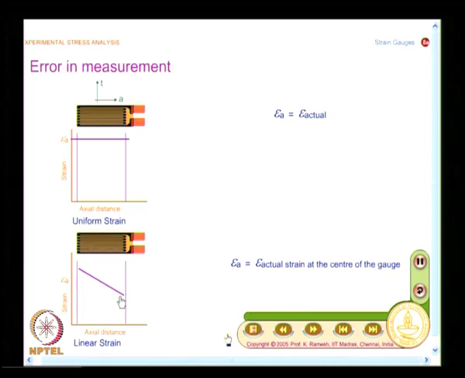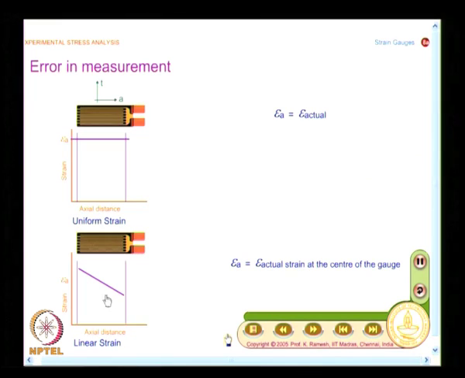This happens when you take a cantilever beam and put a strain gauge on top of it. Strain varies linearly, because the bending moment varies linearly. So, in a problem where strain varies linearly, does the gauge length have any influence? Again, it does not, because the average strain that you measure at the center is the same as your actual strain.